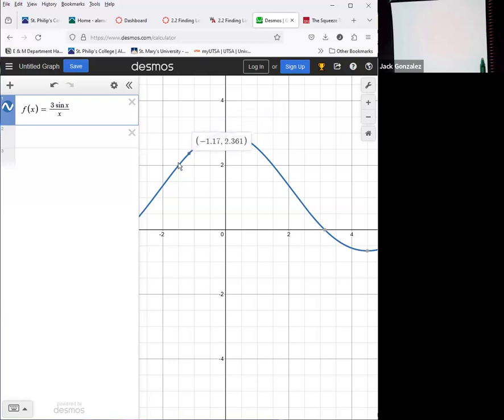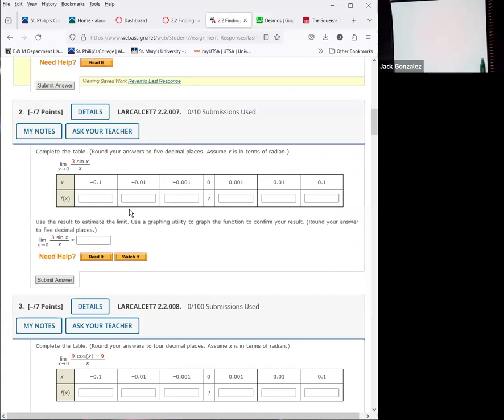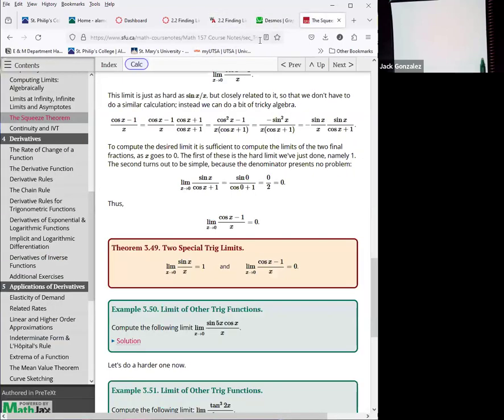Yes. And then the left side is doing the same thing. So since the left and right are going to the same place as we approach zero, the limit exists at 3, which we already know based on the squeeze theorem.